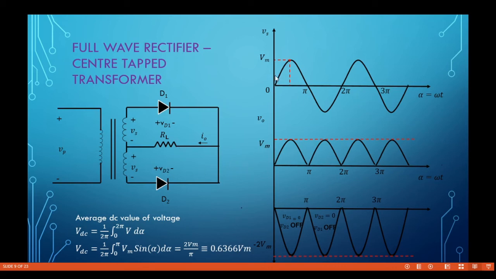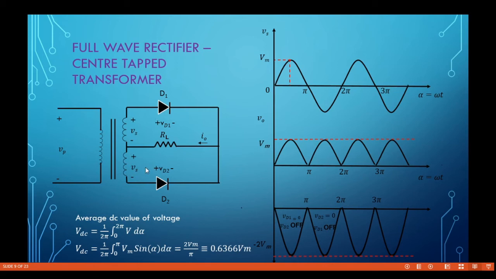In this waveform you can see that from 0 to pi you have a positive signal. So from 0 to pi, when this is positive and this is negative, you have applied the positive half at this diode.